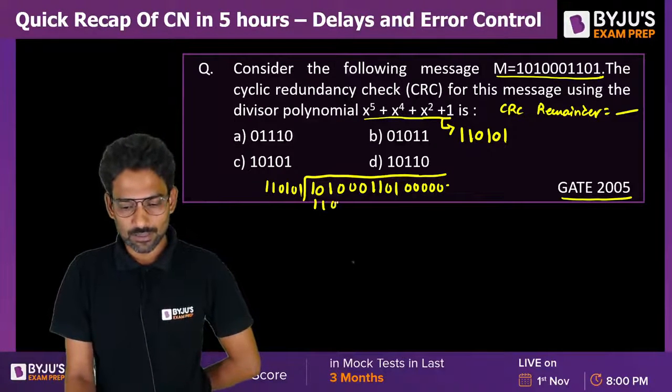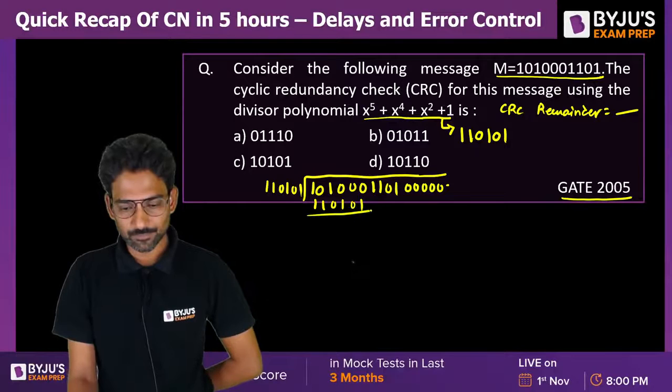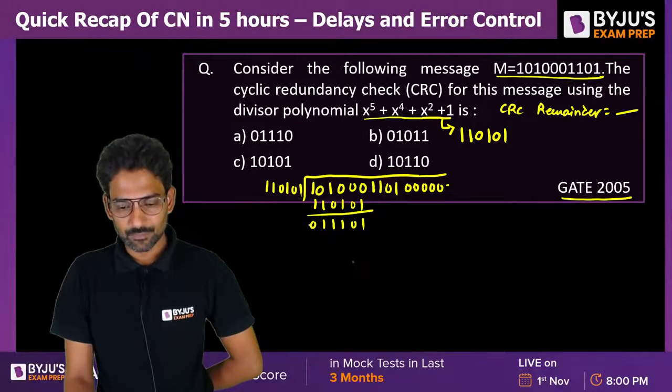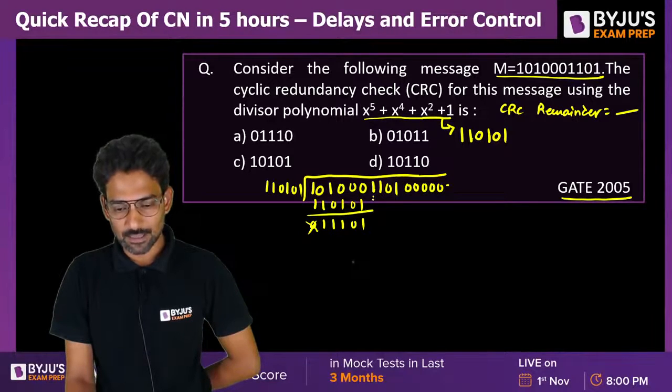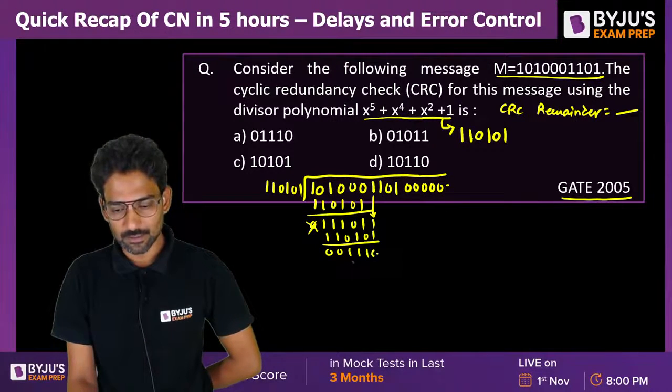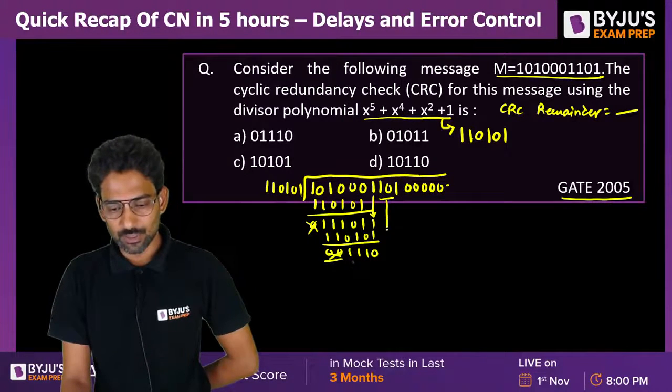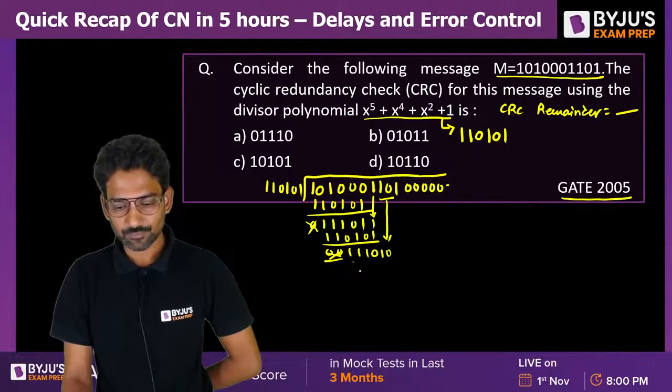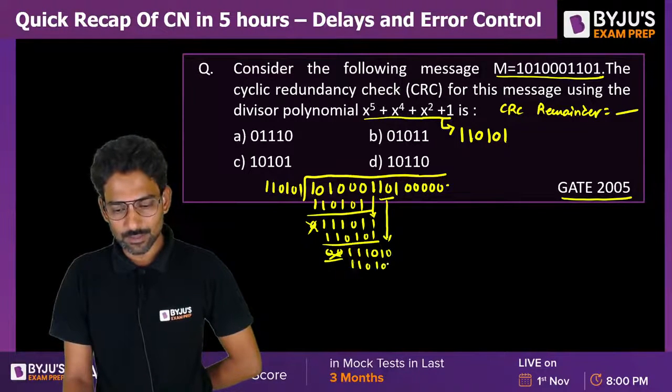So 110101, you get 011101. So I discard this and I borrow this. 110101. So 00111. So these 2 zeros I discard, straight away I borrow these 2 bits. 110101, 001111.